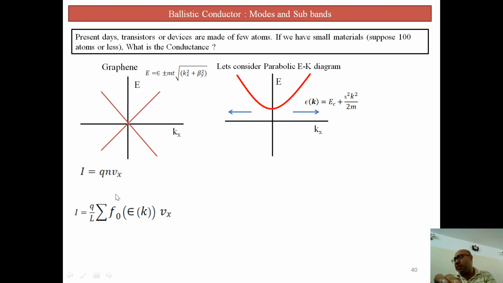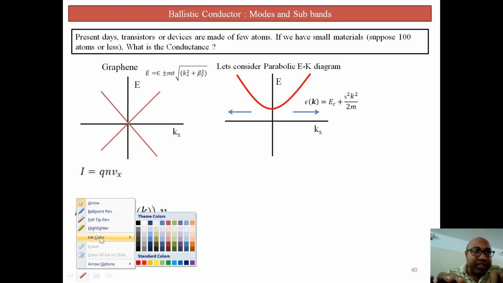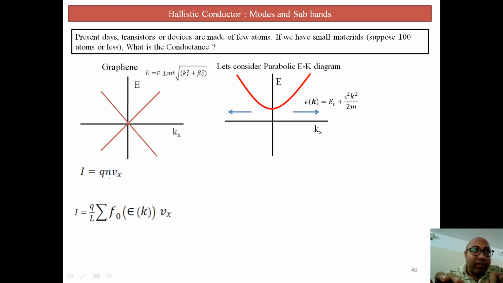You see, this is the same. Let's look at n. Why is it n?